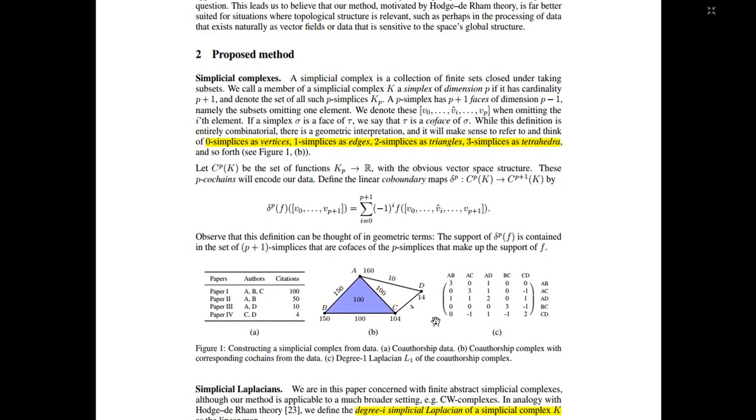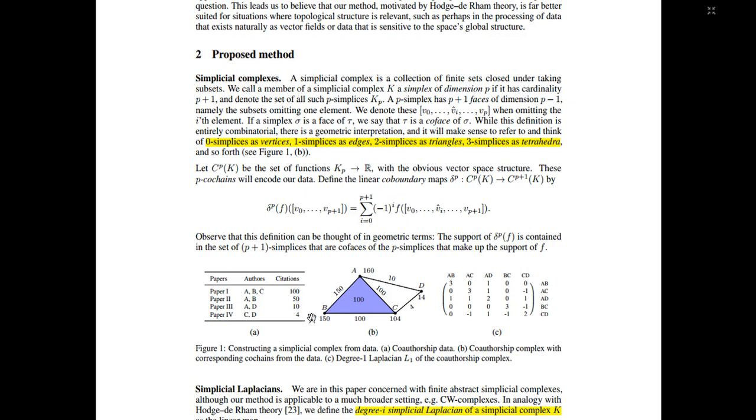So we define the simplexes to be like: 0-simplex is the vertex, 1-simplex is the edge, 2-simplex is a triangle, and so on. We defined boundary maps, like the boundary of the triangle was its 3 edges, and this is the notion of the boundary map, etc. And we can present some data in these simplexes, like a co-authorship simplex.